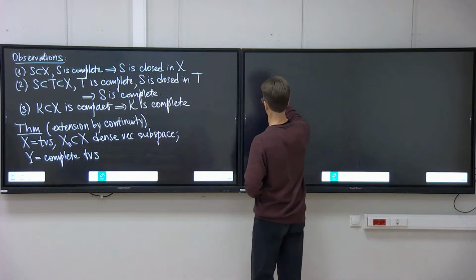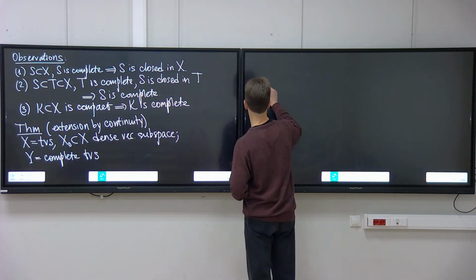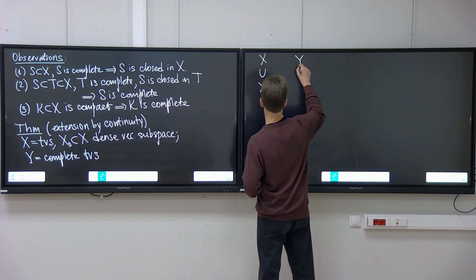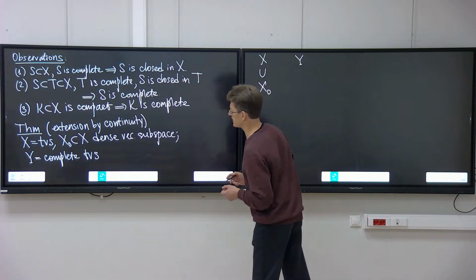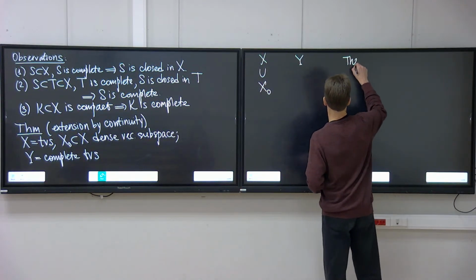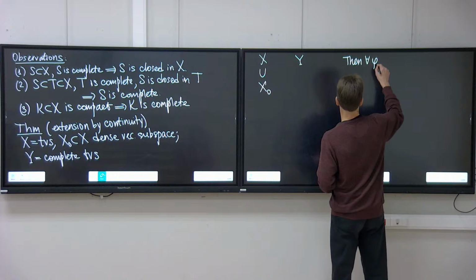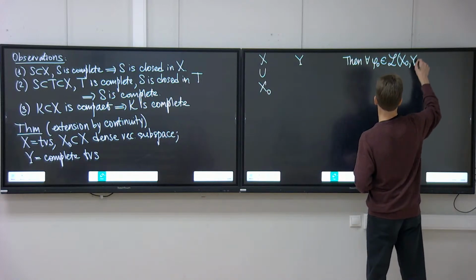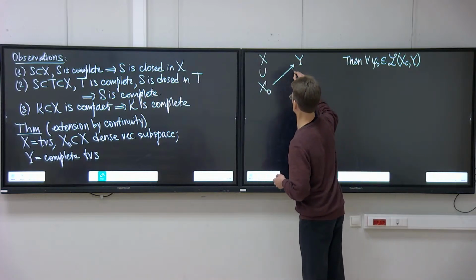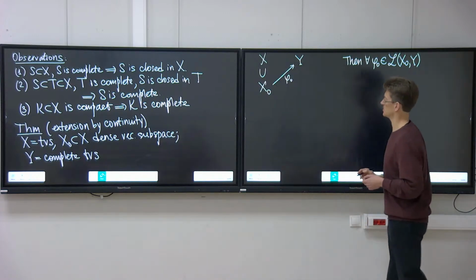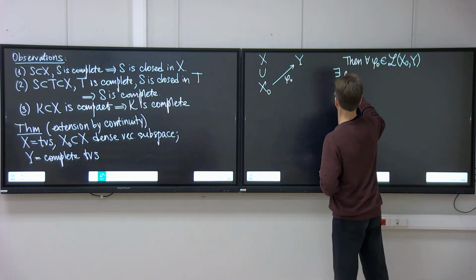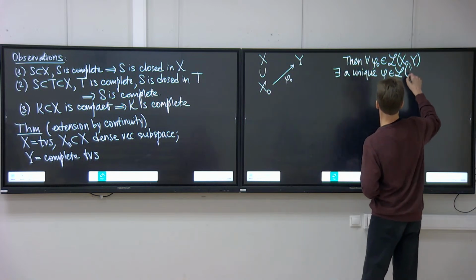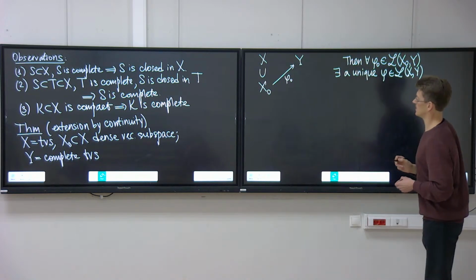So this is X0, this is X, and this is Y. I claim that for every continuous linear map phi 0 from X0 to Y, there is a unique continuous linear map phi from X to Y which extends phi 0.